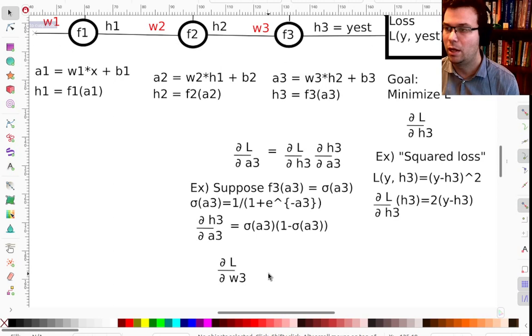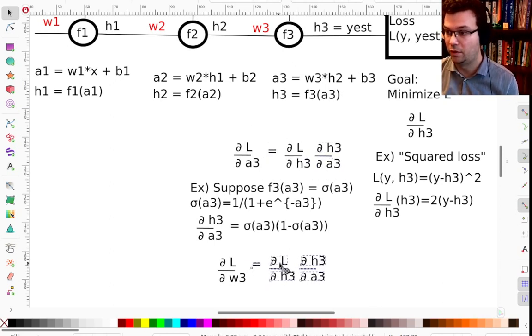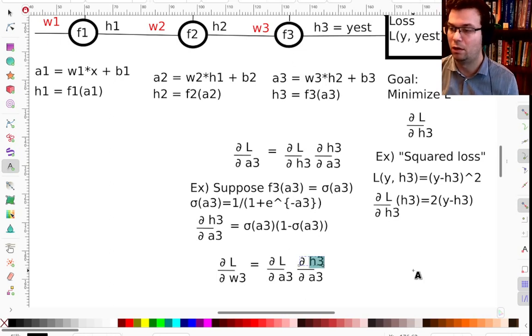Well, I notice the loss function depends on the weight 3 through A3. So luckily I know the derivative with respect to A3, and so I'm going to use the chain rule again. I'm going to say the derivative of L with respect to W3 is the derivative of L with respect to A3 times the derivative of A3 with respect to W3.